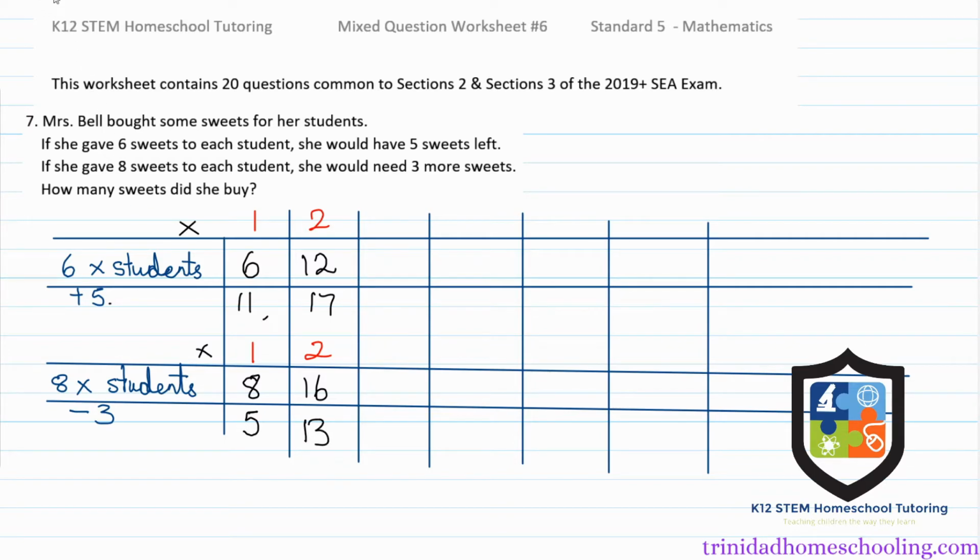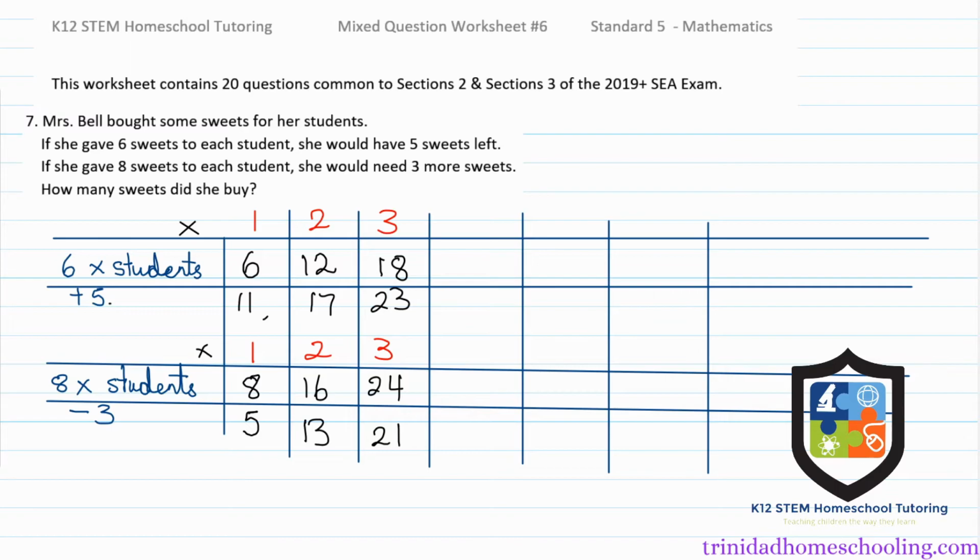So again, we don't have the same amount here. Now let's try it with 3 students. 3 6s are 18. 18 plus 5 gives me 23. 3 8s are 24. 24 minus 3 gives me 21. So again, it's not 3 students.